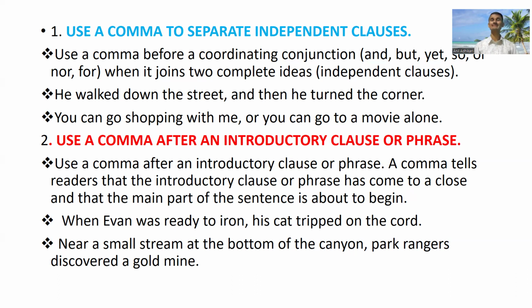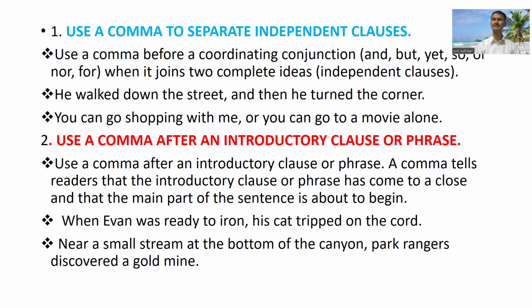Okay. For example, in the sentence you can see here, you walk down the street, and then he turned the corner. Then he turned the corner can also give the meaning. He walked down the street can also give the meaning, because these two clauses are independent.